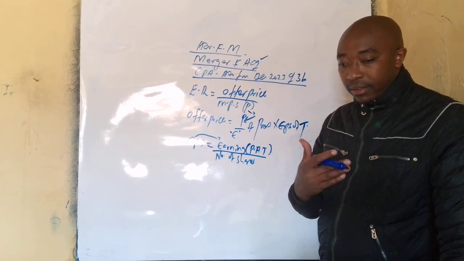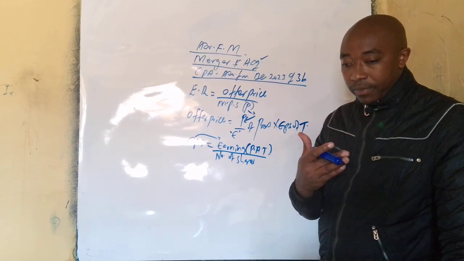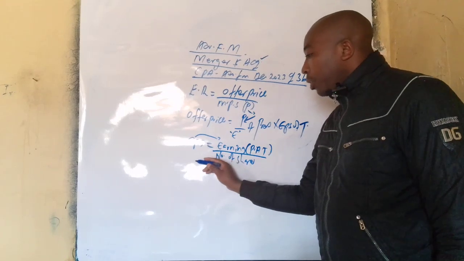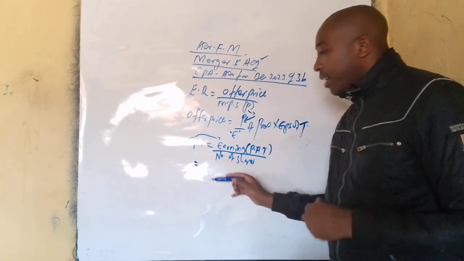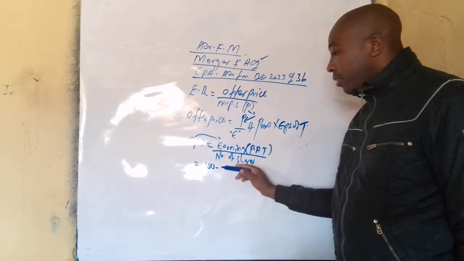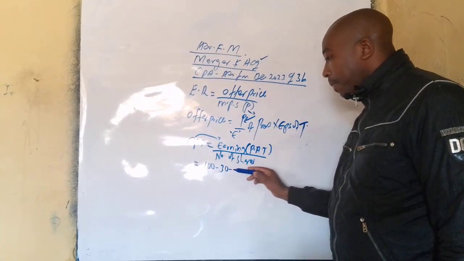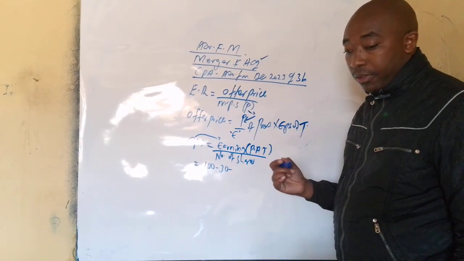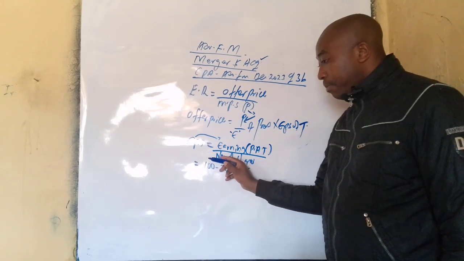I'm being given sales, cost of sale, operating cost, then finance cost. So I'm not given the profit. To compute profit, now I'm computing this earning. I'm going to take sales, and this sales is 100, minus cost of sale, which is 30, minus the operating cost of 10, then finance cost of 5 million.